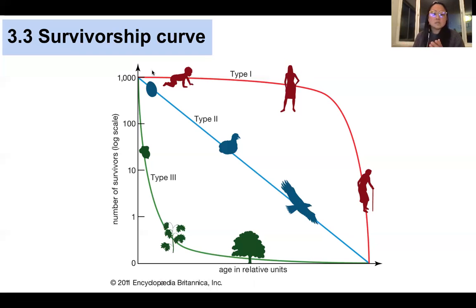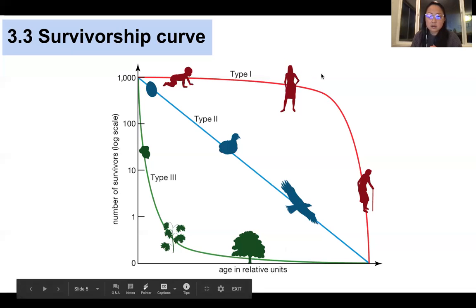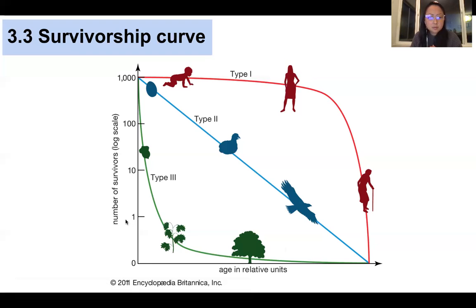Let's look at the opposite, which is type 3. Down here in green is the type 3 curve. Type 3 is the opposite: species of which only a small percentage of the offspring survive to adulthood.